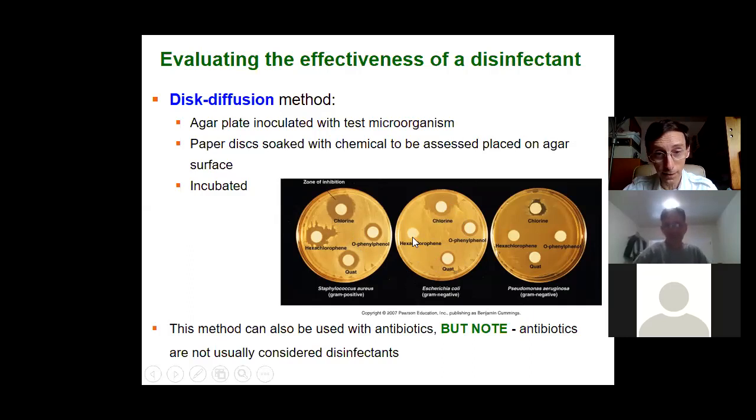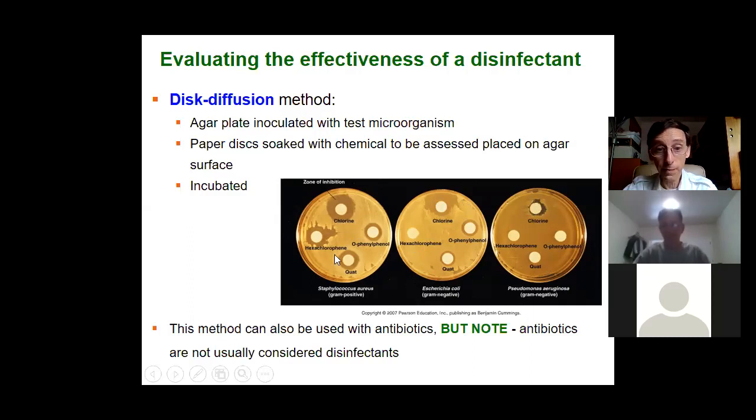Like this one didn't work at all. And these two worked, but only a little bit. So only chlorine, probably chlorine bleach, is the one that gave a large zone of inhibition. And then when we look at Pseudomonas aeruginosa, the only one that had any zone of inhibition was chlorine.